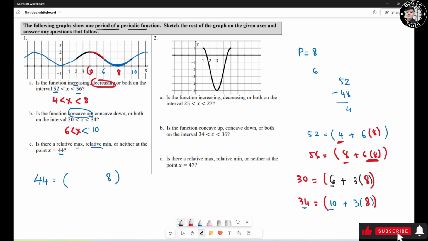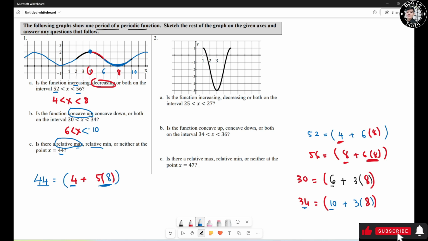That means 5, right? So you have 5 times the period. Then add the remainder 4, right? So we just ignore this guy, and we look at this one only. 44 is the same thing as 4, right? So we look at 4 right here. It should be relative maximum. So the answer is right here.